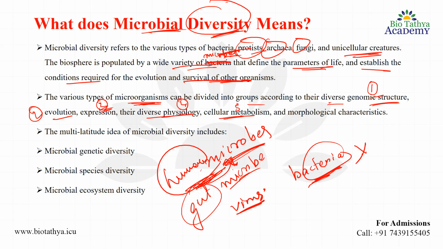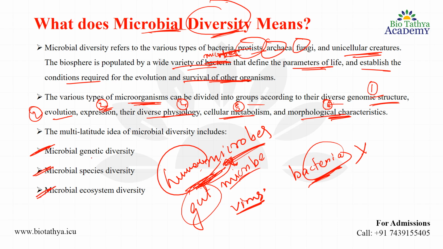The fifth one is the cellular metabolism, and the sixth one is the morphological characteristics or the morphology of the microorganisms. The multilateral idea of microbial diversity includes microbial genetic diversity, microbial species diversity, and microbial ecosystem diversity.